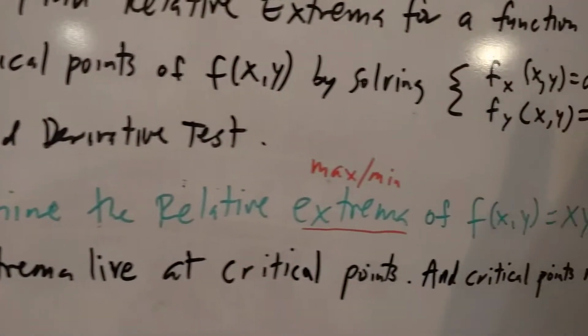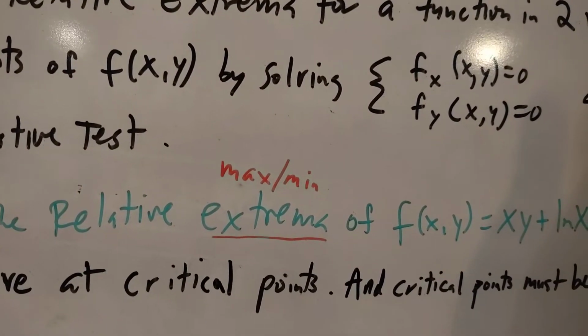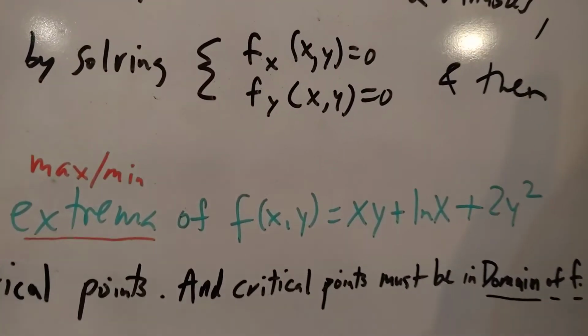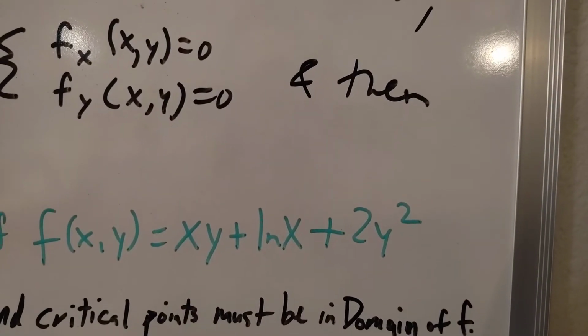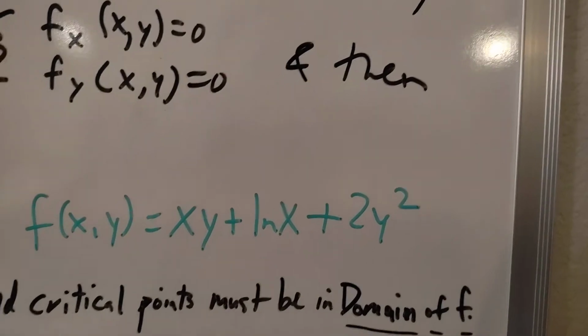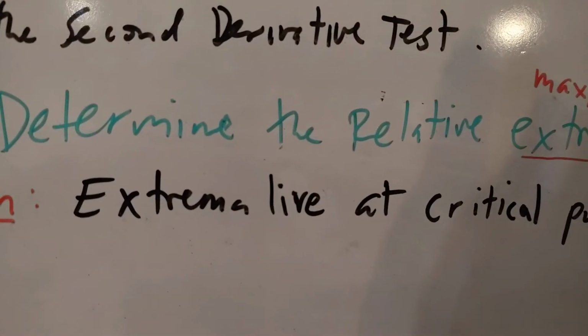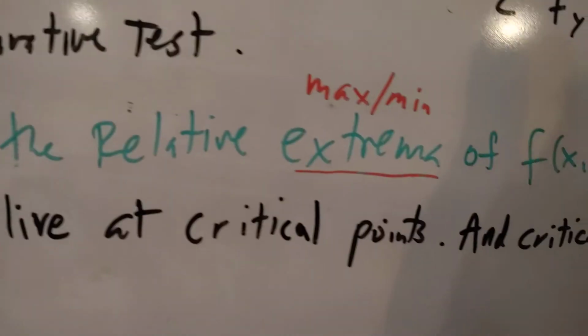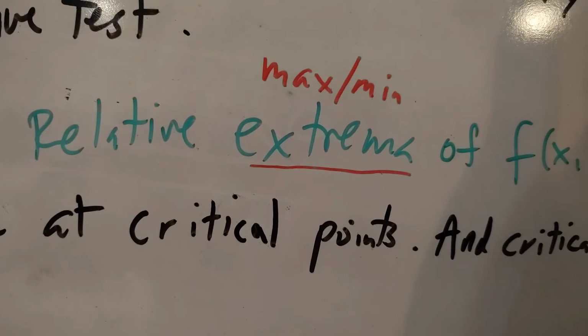Example, determine the relative extrema, which means maximum or minimum, of f of x, y equals, and here's our function in 2 variables, xy plus the natural log of x plus 2y squared. So for a solution, remember that all extrema live at critical points. If you're going to be an extremum, that means you're going to be at a critical point.